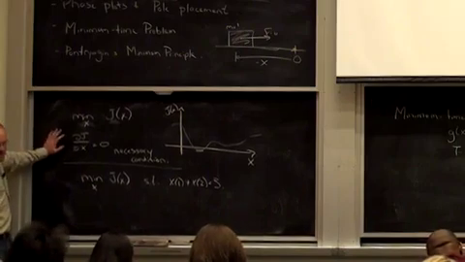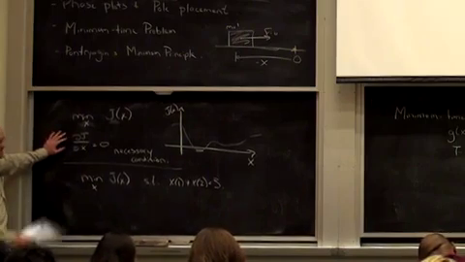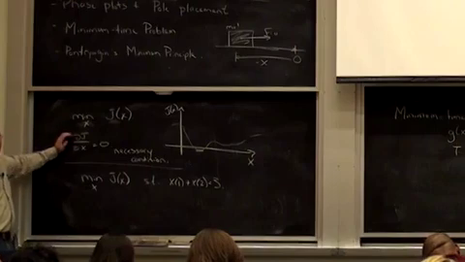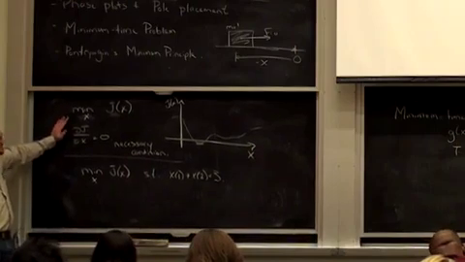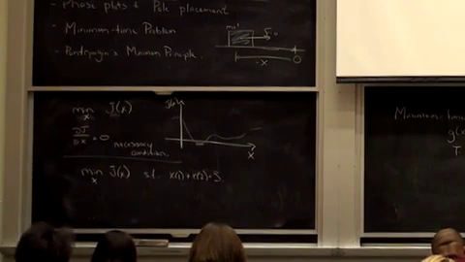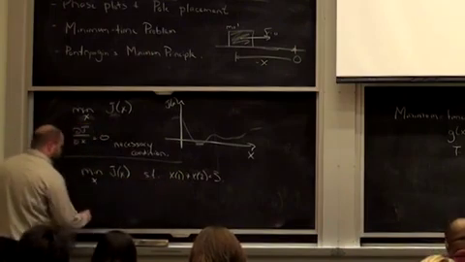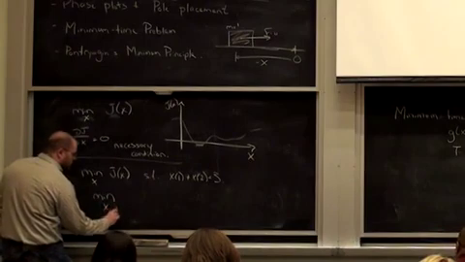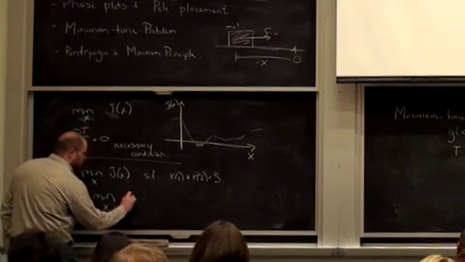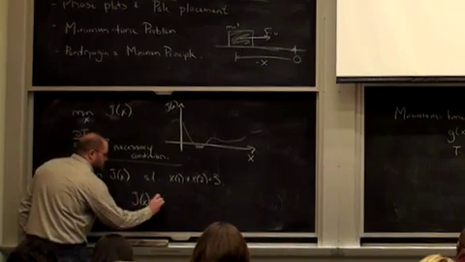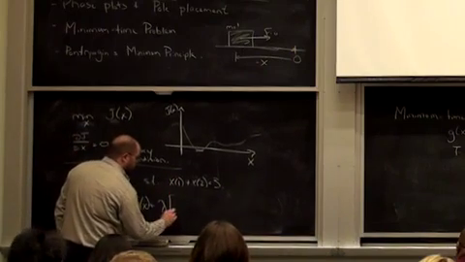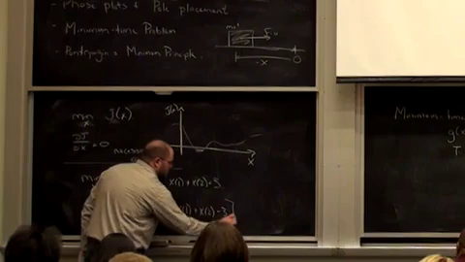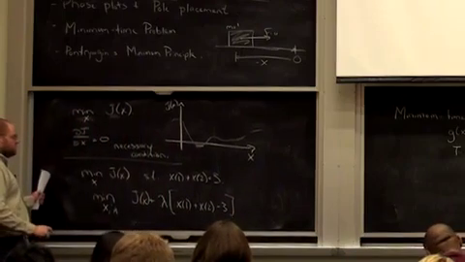Thanks to the method of Lagrange, one of his many methods, solving this problem is no more difficult than finding necessary conditions for the unconstrained problem, by just making an augmented function. You can now minimize over x and lambda of J of x plus lambda times this constraint, which in this case is x1 plus x2 minus 3, has to equal 0.